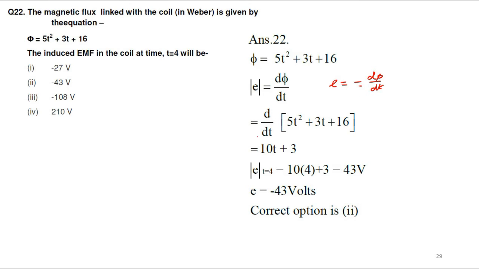So minus d by dt of 5t square plus 3t plus 16, which is 10t plus 3. Just to take only the induced EMF without the magnitude, the minus symbol will be there. Put t is 4, 10 into 4, 40 plus 3, 43. If you do not take the magnitude, it will be minus 43 volt. Correct option is option 2, minus 43 volt.